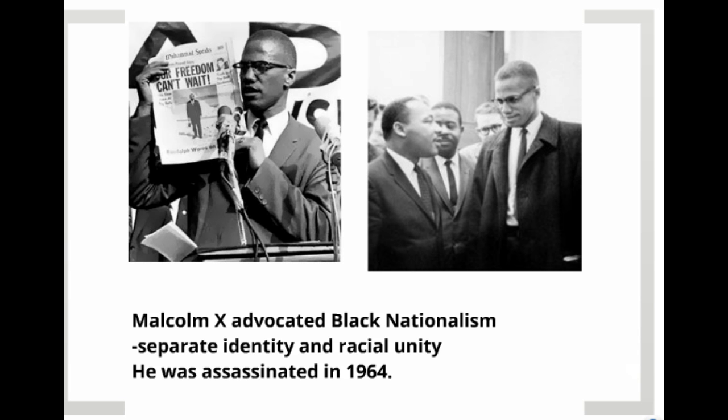And his slogan was by any means necessary, which included violence. All right, so this is, again, very different than the approach Dr. King took, but you do see in the picture at the top right, the two of them did meet and come together, even though they disagreed in terms of approach for equal rights for African Americans.